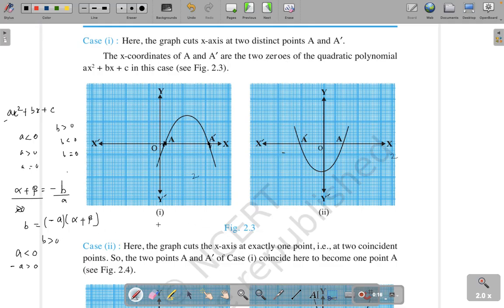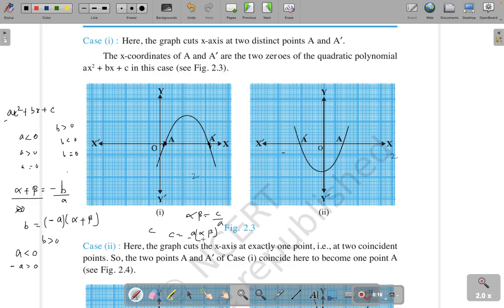Okay, what about c? We can do the product of roots. Yeah, so alpha beta is c upon a. So c is a alpha beta. So a is negative. Yeah, so the product should also be negative.